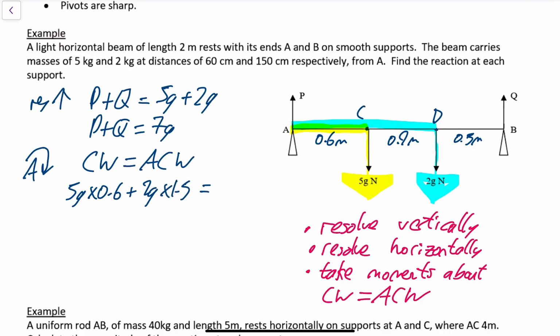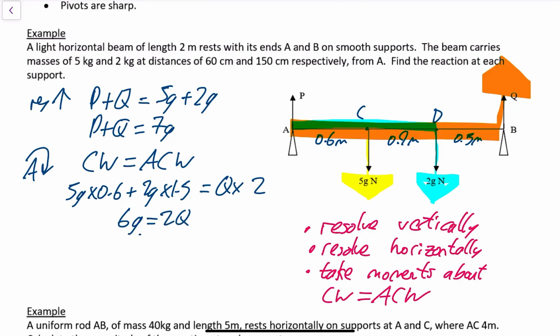And then the anti-clockwise one in a horrible orange color here, this one is going anti-clockwise, so that would be Q times 2. So a bit of working out, that's going to tally up to be 6G equals 2Q, which means Q equals 3G.